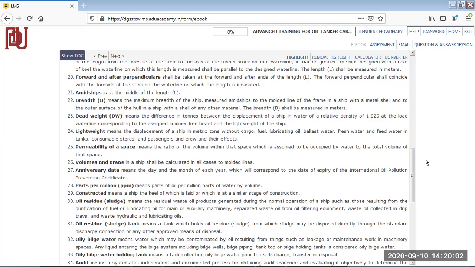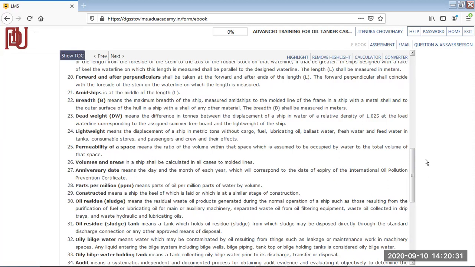Then anniversary date of IOPP is the annual survey date. ppm is one part per million. So one liter of oil in one million liters of water is one ppm of oil.